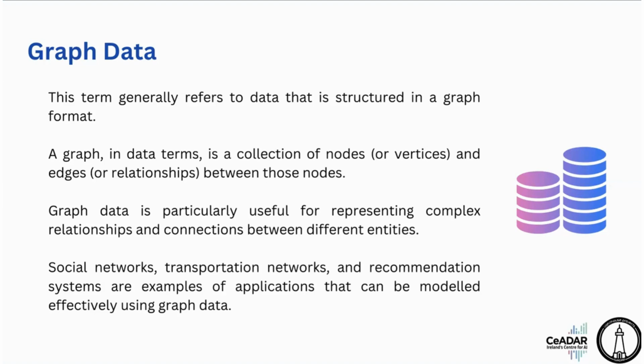Another important example is social networks, say Meta, Threads or Twitter. Recommendation systems are also basic applications where graph data can be used.